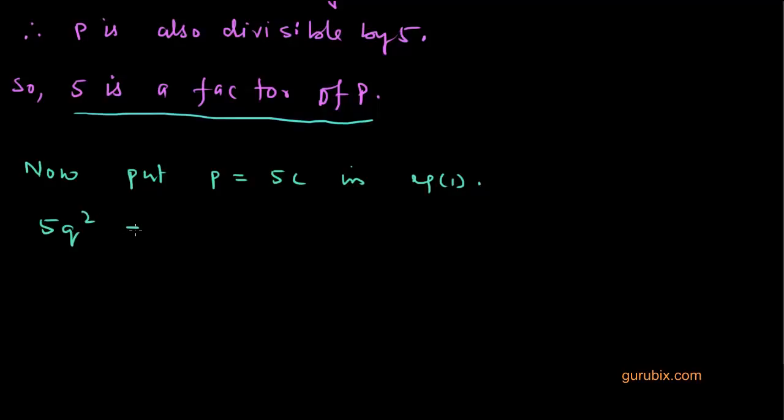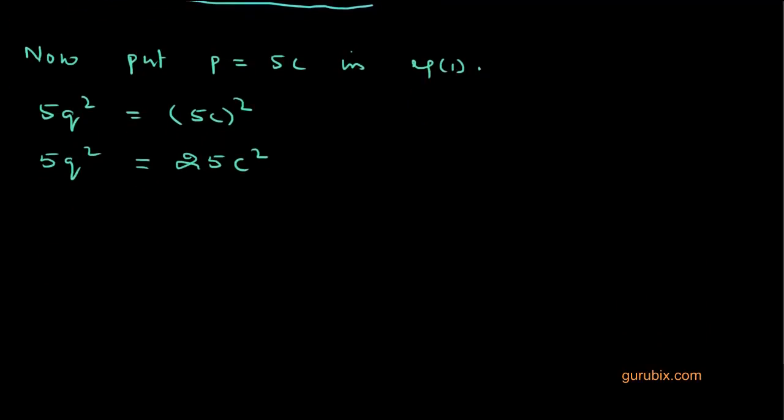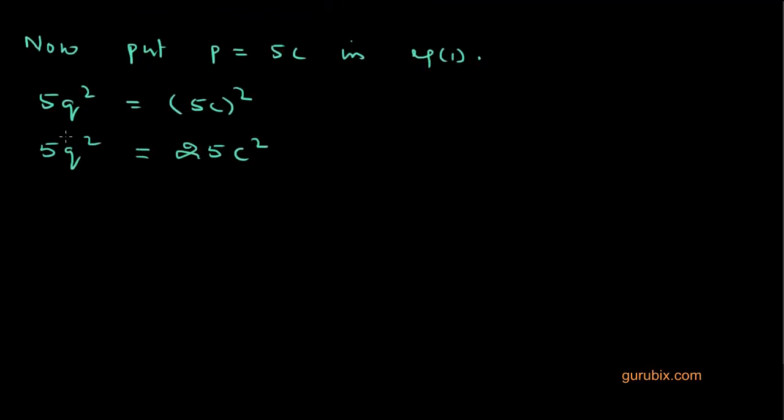5q square equals the square of 5c, and we can calculate it. This is 25c square, and therefore 5q square equals 25c square. Now cancelling out 5 from both sides, we get q square equals 5c square.